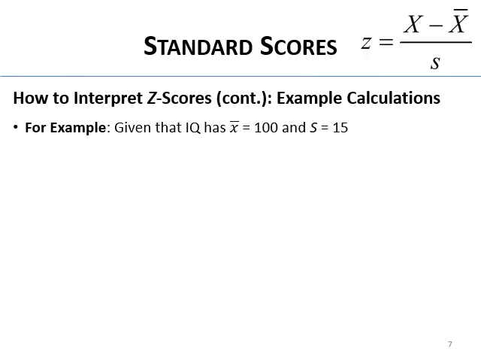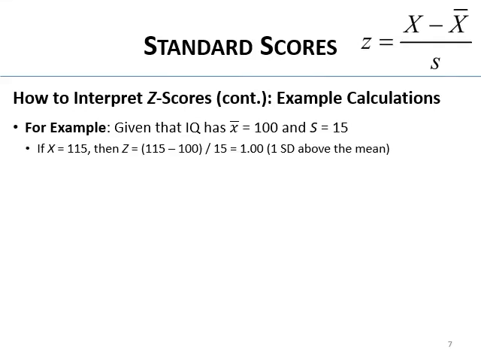So some example calculations. Typical IQ, I don't remember which test I use, Wechsler. The mean is 100, standard deviation is 15. So if someone got an X score of 115, that is their IQ score was 115, if we do the little z formula, we pop in 15 for the standard deviation and 100 for the mean, we get a z-score of 1.